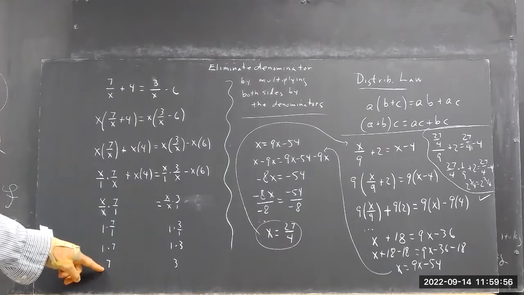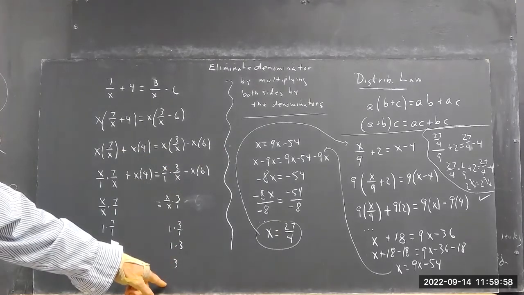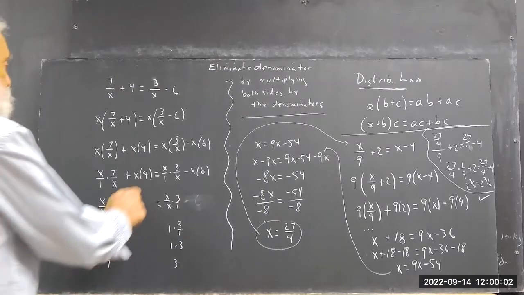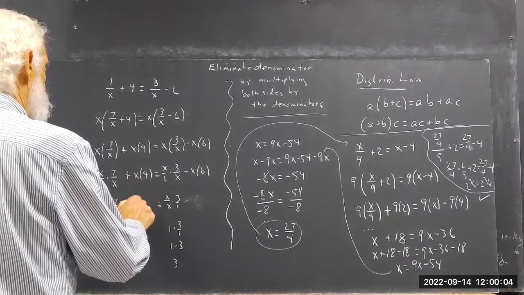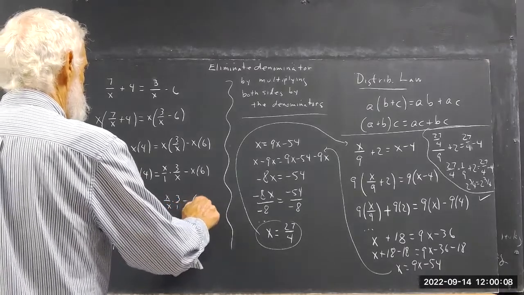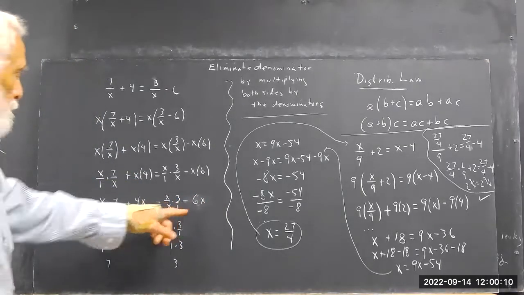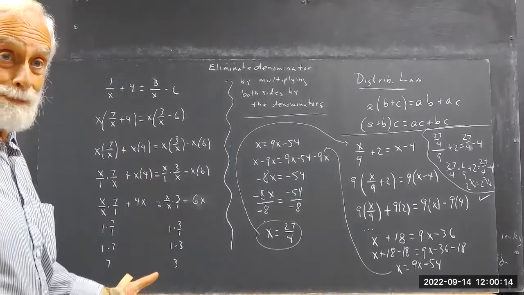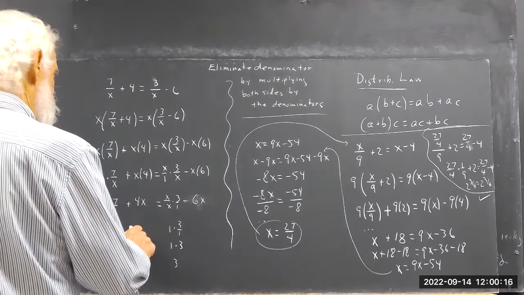So this gives us 7, and this gives us 3. Here we have plus 4x and minus 6x with an equal sign. And everybody filled in these steps. I was happy to see that.